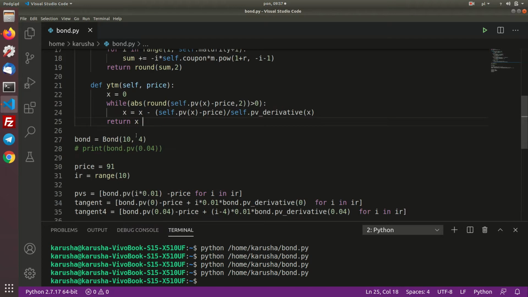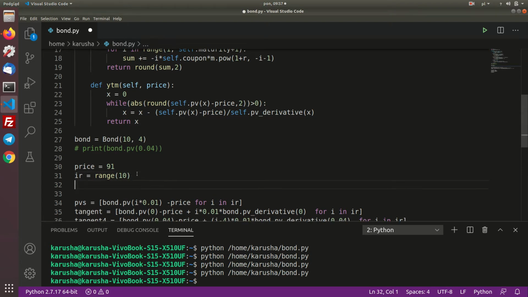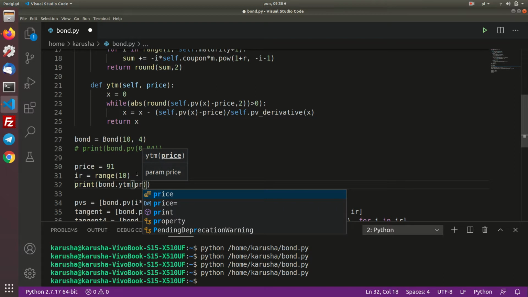Let us now try to see if our method works. So first of all, let's print what is going to be our bond yield to maturity, given that price that we defined here.